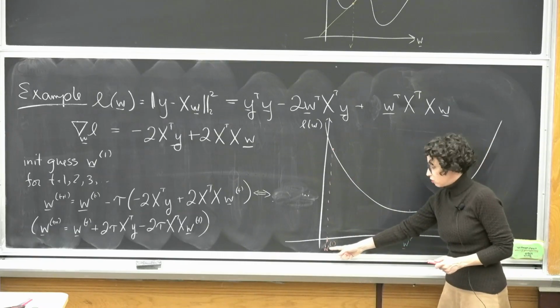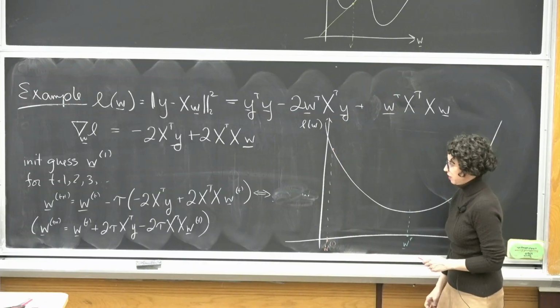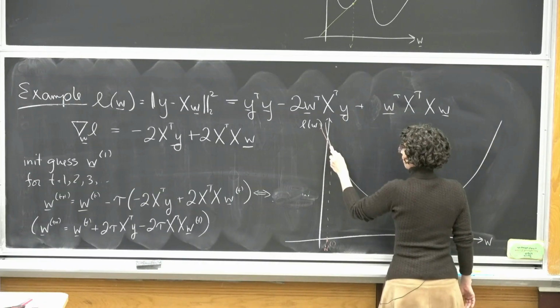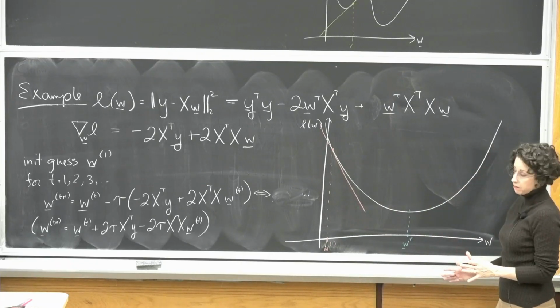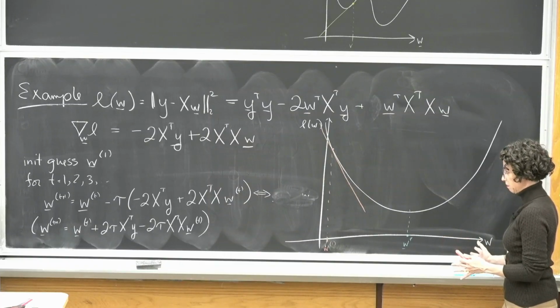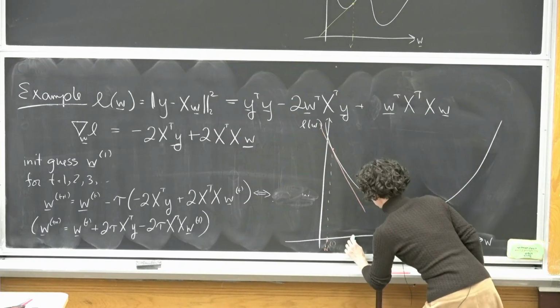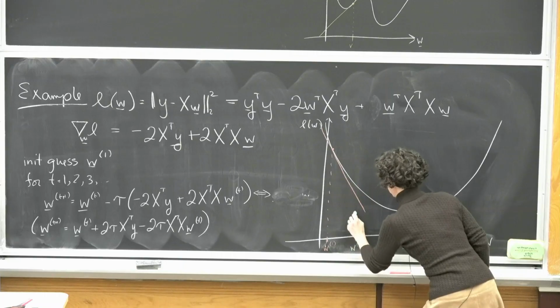And that tells me that the way I need to adjust my weight is to move to the right in order to make it smaller. And I'm going to compute my gradient here. And that gradient is going to tell me how steep the slope is. When the slope is steeper, I can take a larger step. And so my new weight, W2, would be, for instance, here.